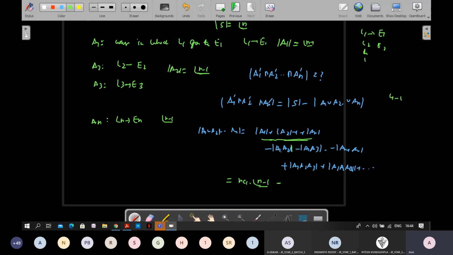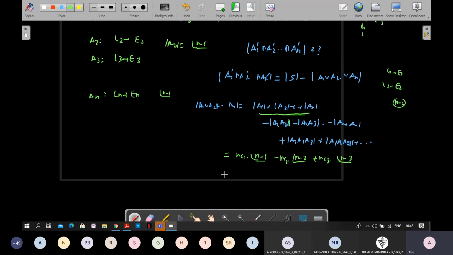Those two are gone, so only n-2 envelopes remain, so (n-2) factorial. But how many such terms? n choose 2, because this intersection occurs n choose 2 times, all equal values. Then plus n choose 3 times (n-3) factorial, and so on.